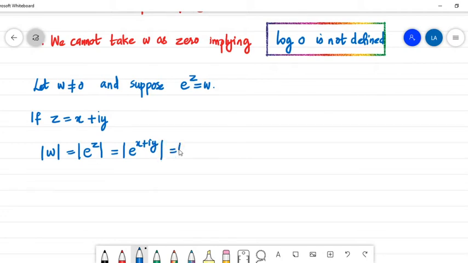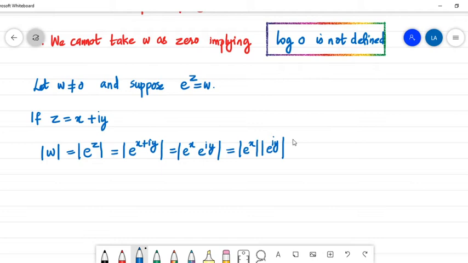And we had seen the property of e raised to x plus iy, it can be written as e raised to x into e raised to iy. The modulus function satisfies this property: modulus of z1 into z2 is equal to modulus of z1 into modulus of z2.